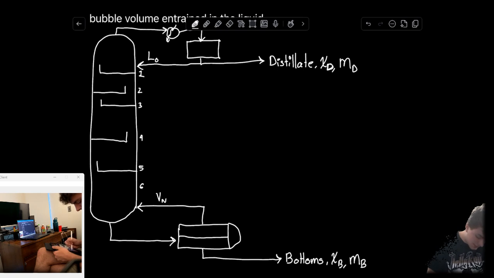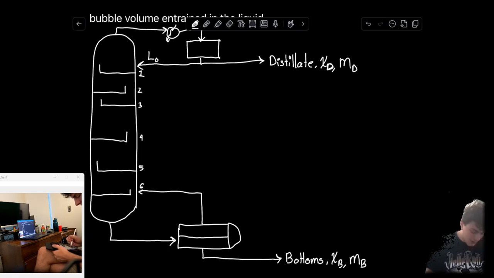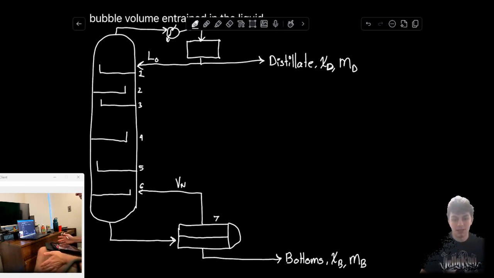And of course, the reboiler should count as a stage. So let's draw this arrow coming in up here. We're just going to assume that it's returning vapor onto tray number 6 there, even if that arrow may or may not show that. And so this is stage 7 because our reboiler is doing a separation, the same as a tray would.